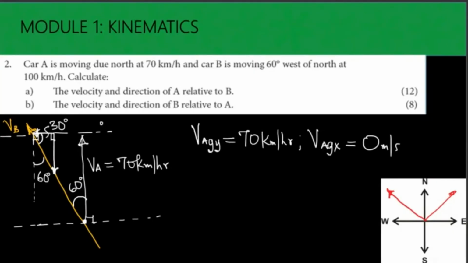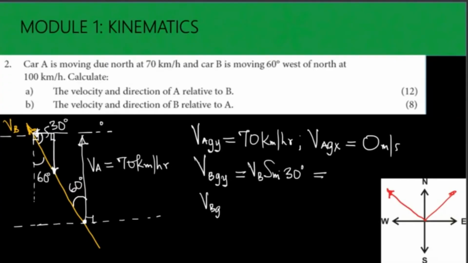Do you understand? Okay. So with the vertical, the velocity of B relative to the ground on y-axis, that's the vertical component. So that is going to be VB sine of 30 degrees.